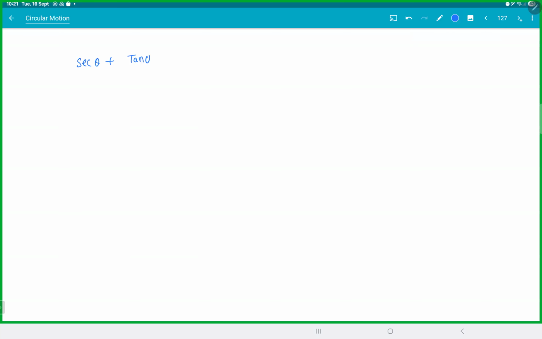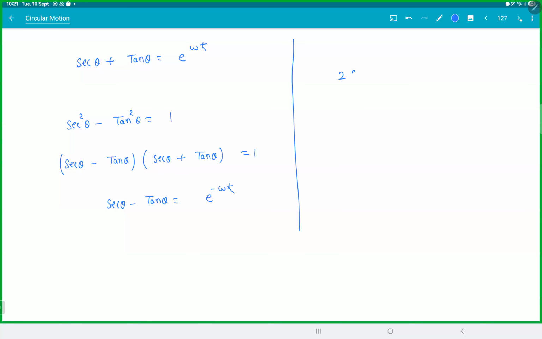Sec theta plus tan theta, we got e power omega t. We know sec square theta minus tan square theta is equal to 1. So we got sec theta minus tan theta will be e power minus omega t. So if you add these two, we get 2 sec theta is e power omega t plus e power minus omega t.